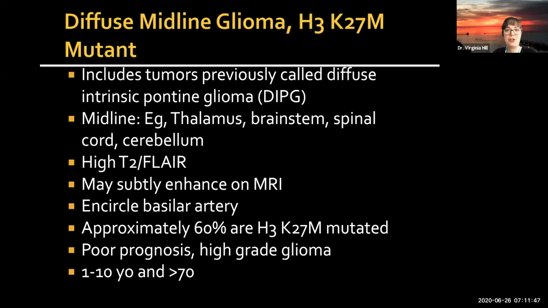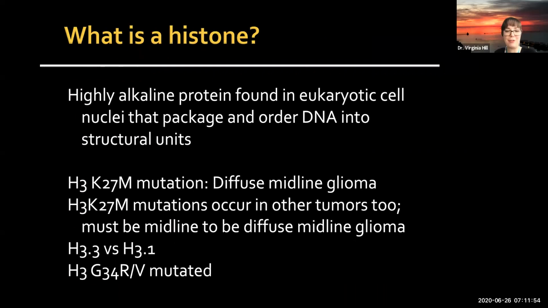So this H3 is basically an indicator of a histone mutation. So this is a histone mutation, and we have to think back to cell biology and what we went through in med school and undergrad. What is a histone? Highly alkaline proteins found in eukaryotic cell nuclei that package and order DNA into structural units, such as chromatin.